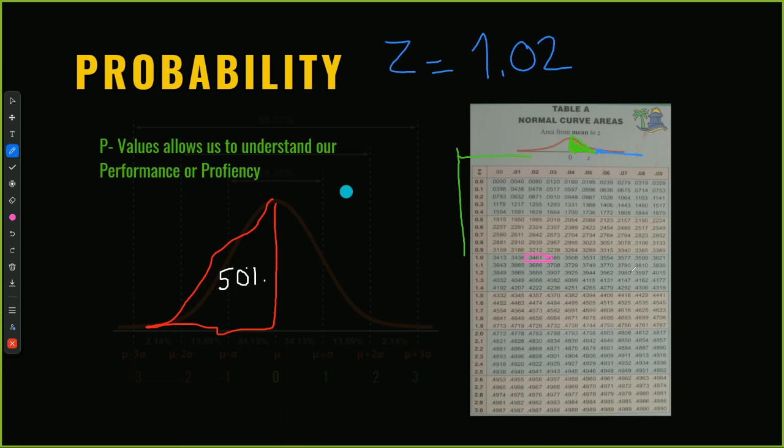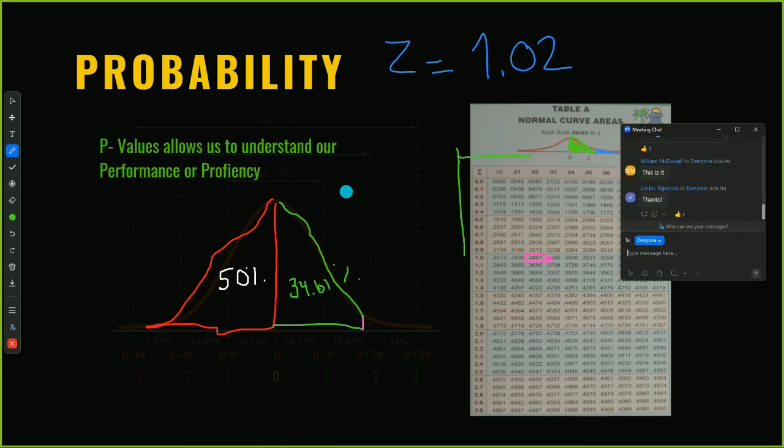But notice, I still need to give my p-value. What's my probability as a whole distribution? So what do I have to do? Well, I have to take this shaded region, which I know as 34.61%. So I want you guys to put it in the chat.